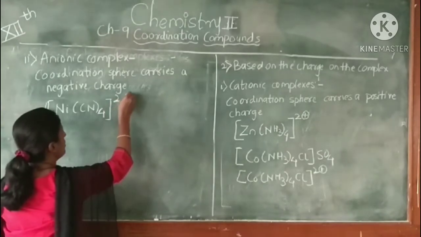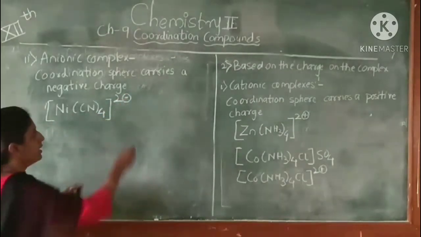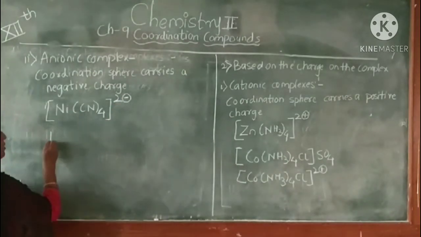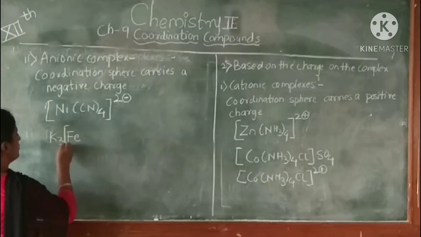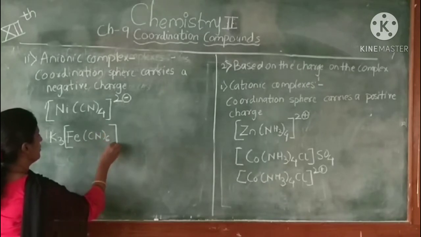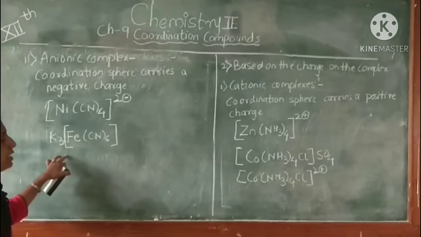Of nickel. So this complex is having a negative charge. So this is an anionic complex. This also. So these are the 2 examples of anionic complexes.